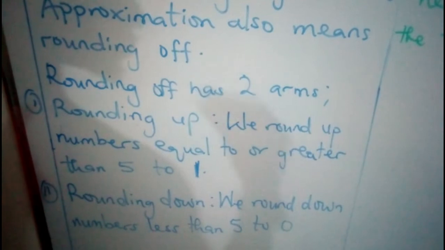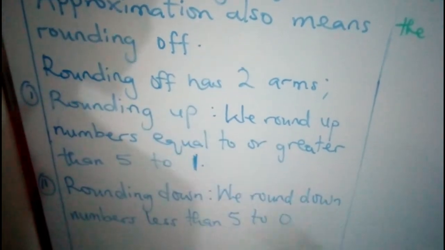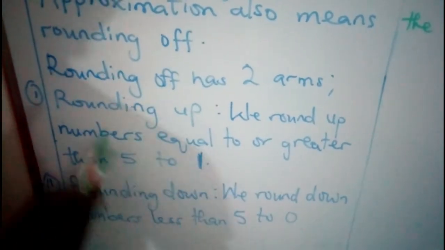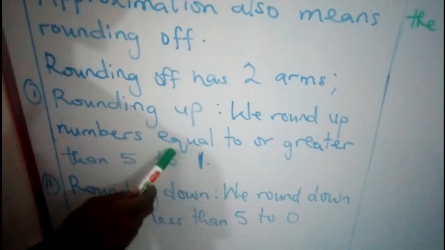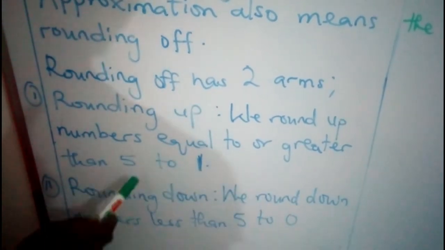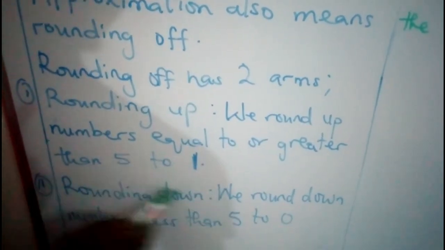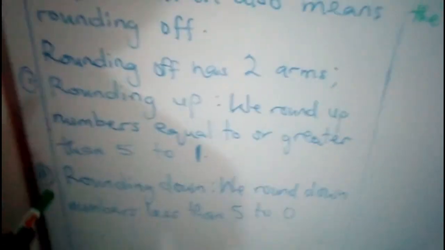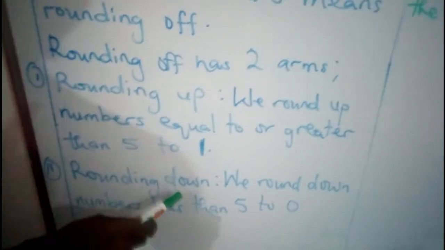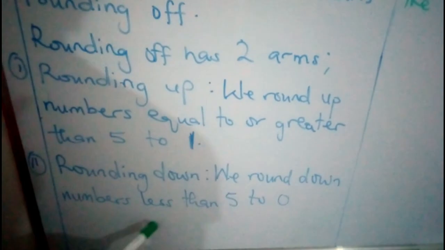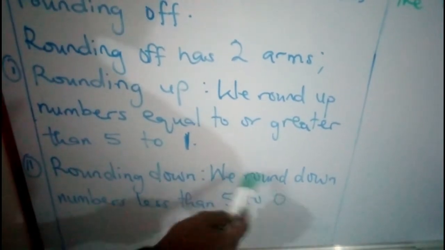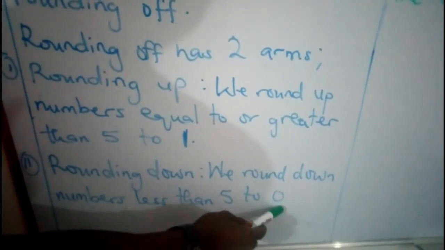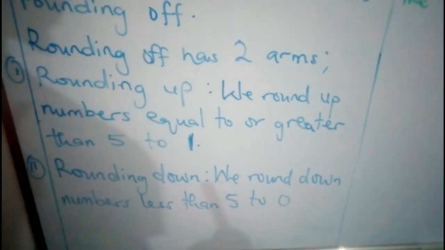Numbers that are equal to 5 or greater than 5. The second part, rounding down: we round down numbers that are less than 5, and we round them down to 0.